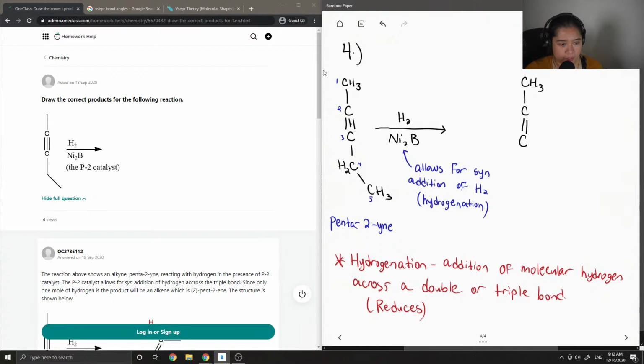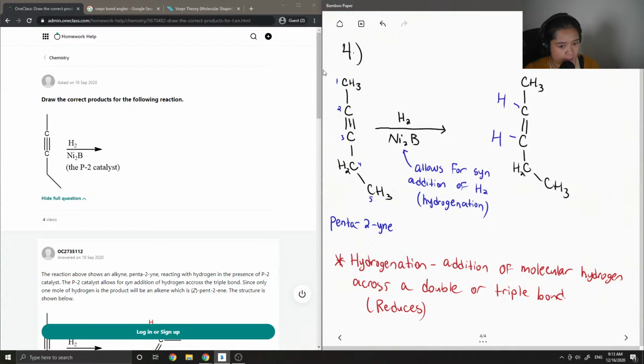The triple bond gets reduced to a double bond. And we can draw our newly formed hydrogens on the same side. Okay, so the structure would look something like this.